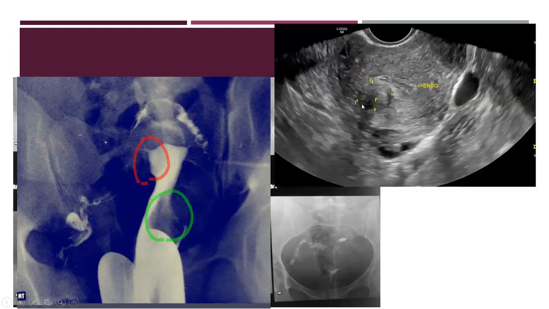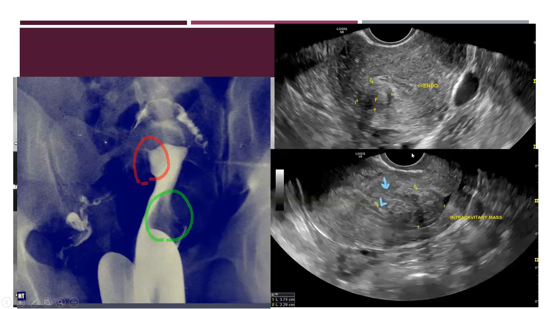Here is the fibroid indenting the cavity. This is the first one. This is the fibroid indenting the cavity and displacing the endometrium. And here there is another intracavitary mass, cervicocorporeal, which corresponds to this one. So this is uterine fibroids.